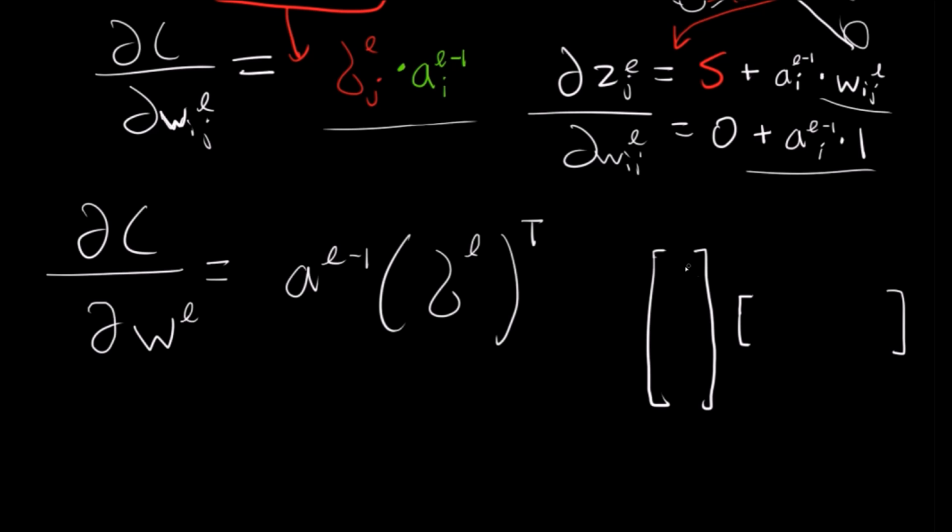So this is a^(L-1)_1, a^(L-1)_2, a^(L-1)_3, and so on, and this is going to be delta^L_1, delta^L_2, delta^L_3, and so on.